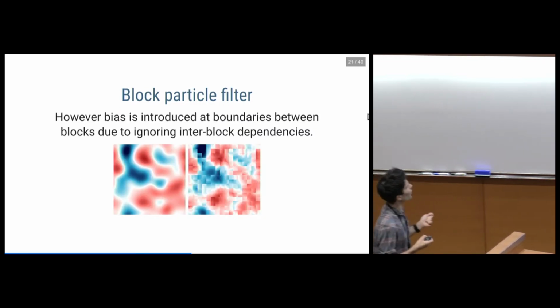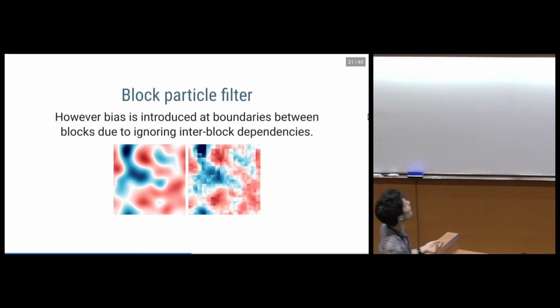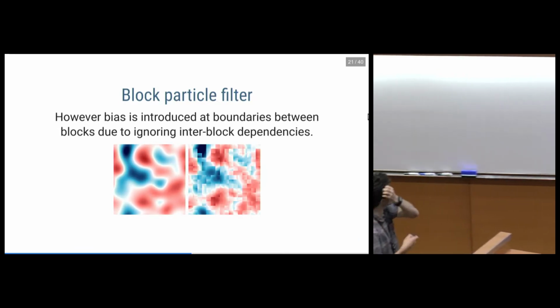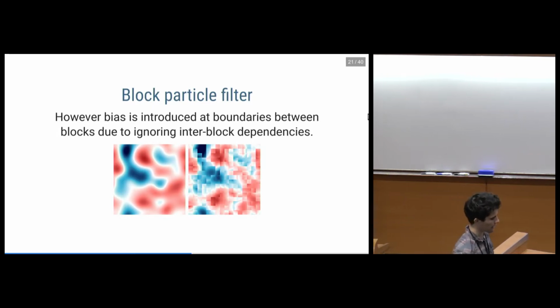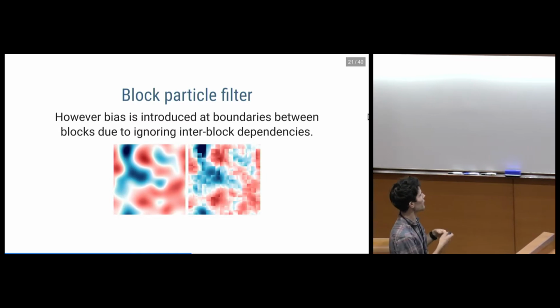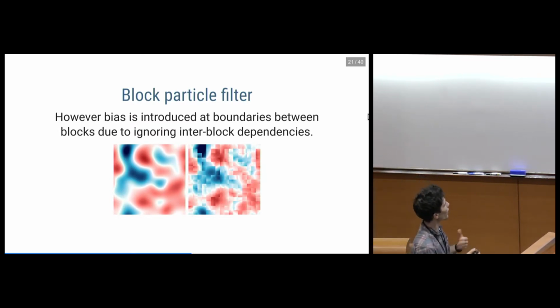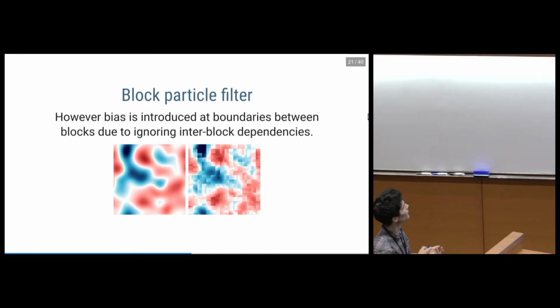So a key issue of this method, and why I've been describing it as naive in some sense, is, unsurprisingly, because we're treating each individual block of our space independently, we're going to end up with biases at the block boundaries, because we're not accounting for dependencies between variables across those boundaries. And in some ways, this is going to introduce discontinuities in the states across space.